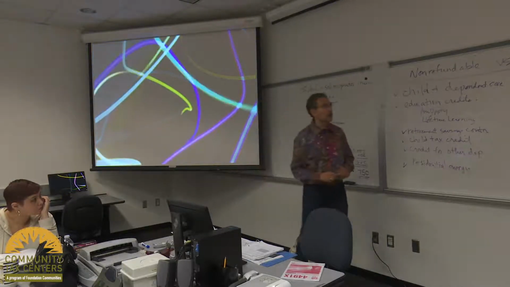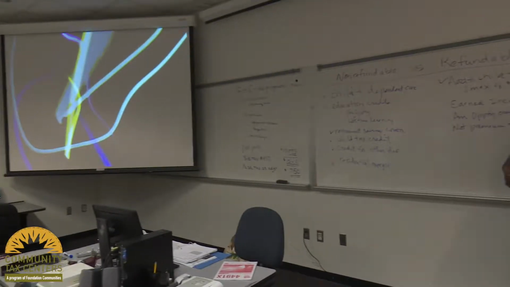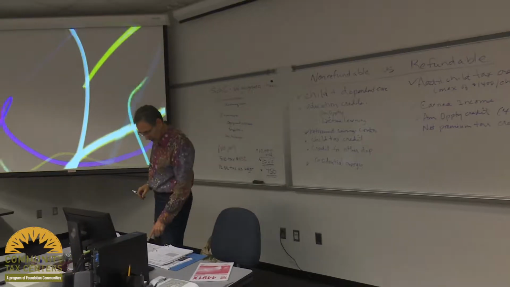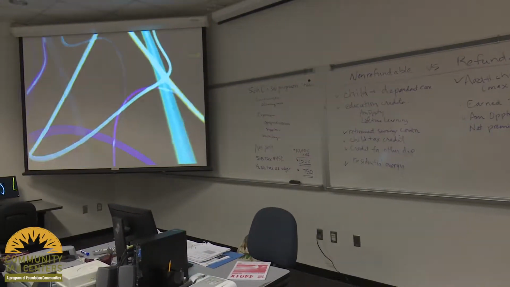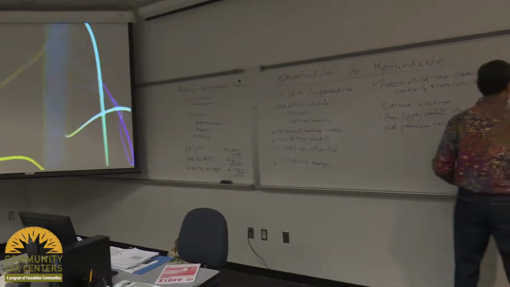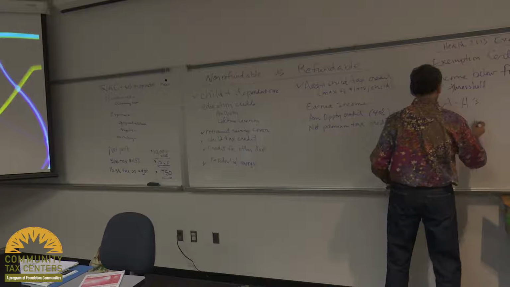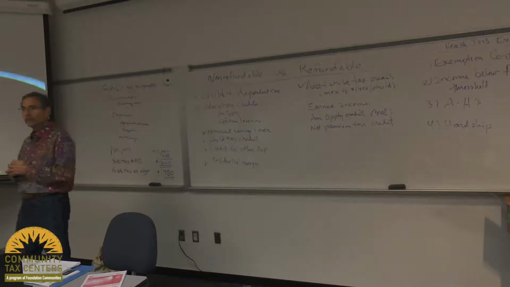So that's an automatic one. The third one are what I'll call A through G's, which are detailed, or excuse me, H actually. Yeah, they added one. A through H's, right? And the fourth one is going to be hardship.